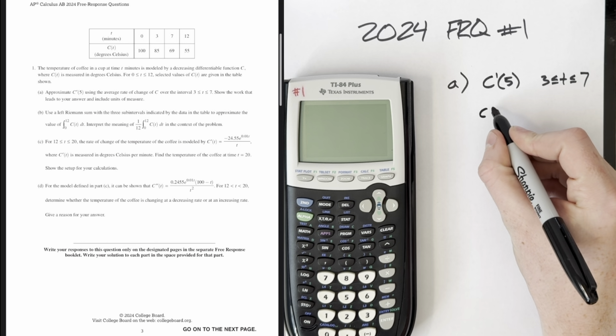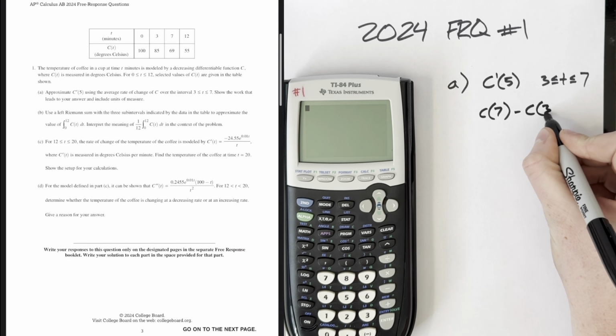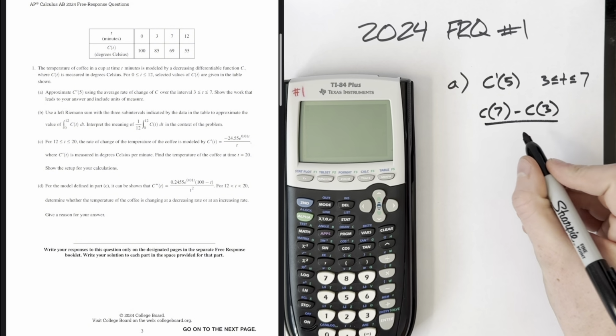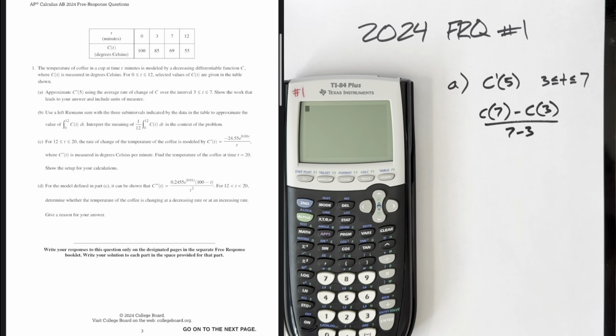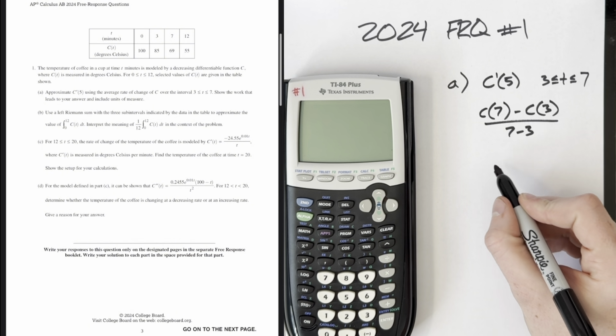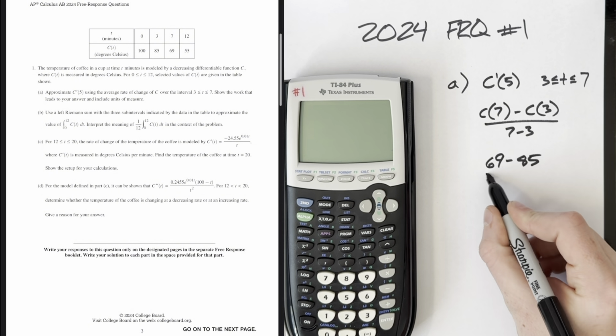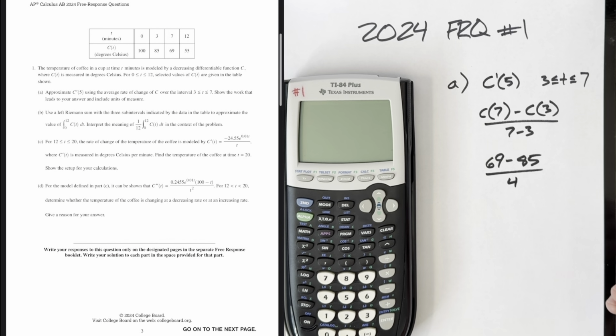And our average rate of change over this interval would be C of 7 minus C of 3 divided by 7 minus 3. Looking at our table, we get 69, nice, minus 85 divided by 4.